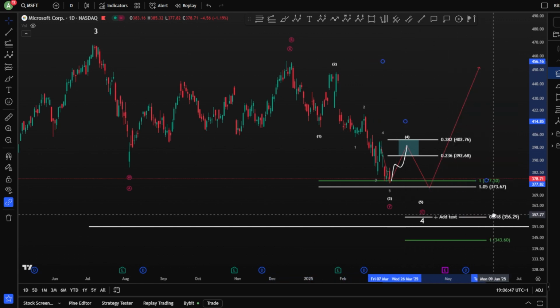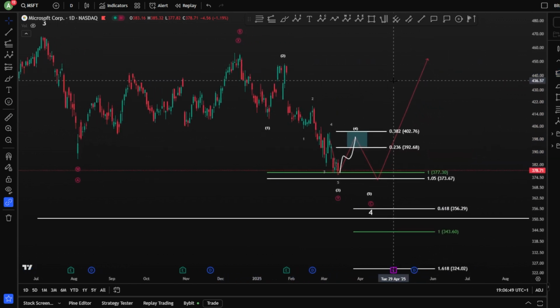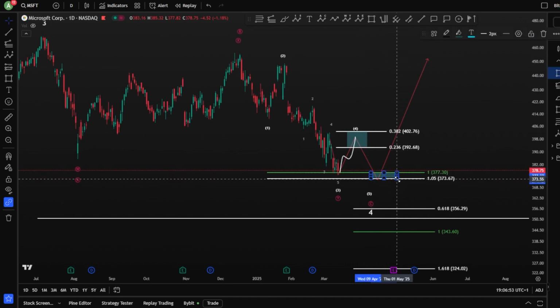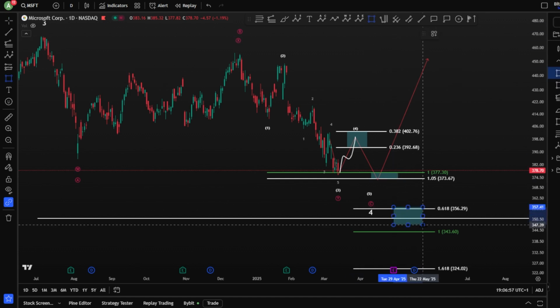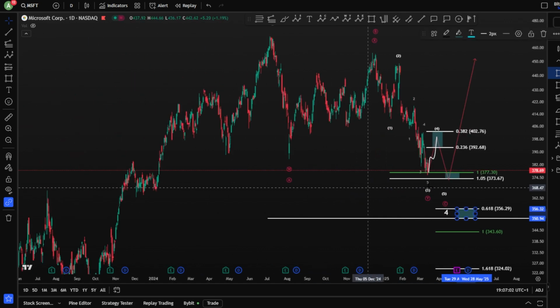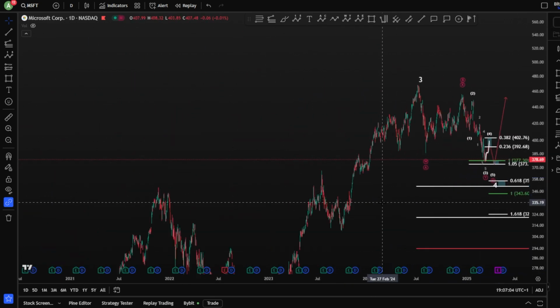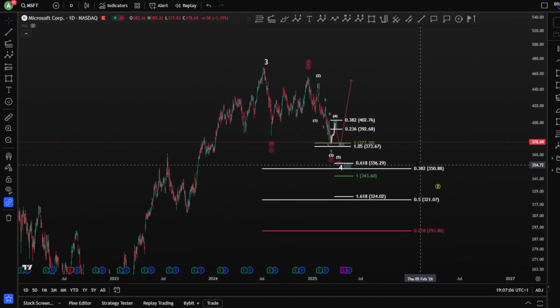And here we go. Okay, so potentially also there is still another blue box potentially here. We're gonna re-estimate if we have finished, of course, or still looking for lower. I would say 0.618, and between the 0.38 fib level, here we go, for a wave 4.